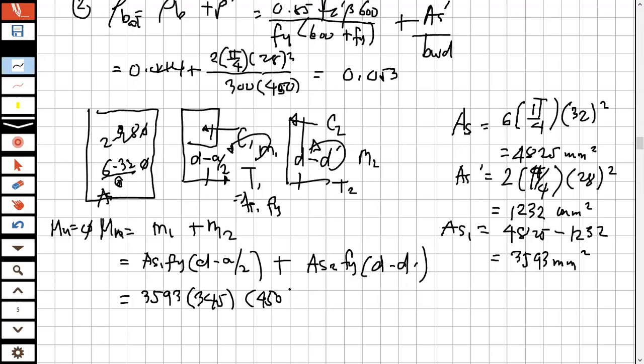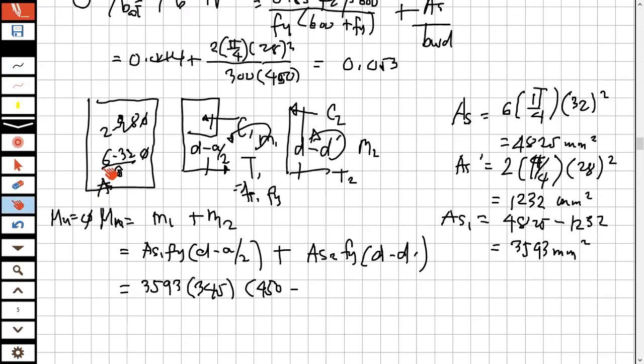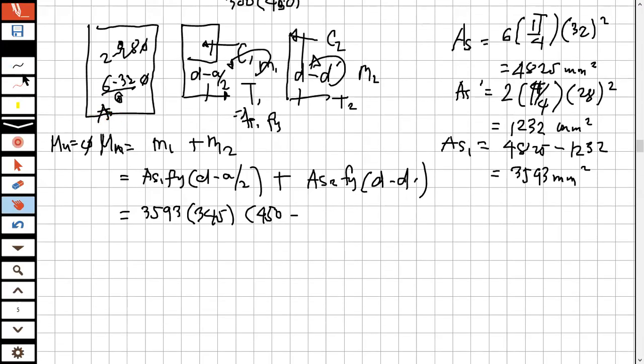Minus, ang a, na-calculate na natin? Di pa, no? It should have, calculate muna natin dito sa C1 is equal to T1. So from here, makakalculate natin yung a. Ito yung a. So from this relationship, we can calculate a.